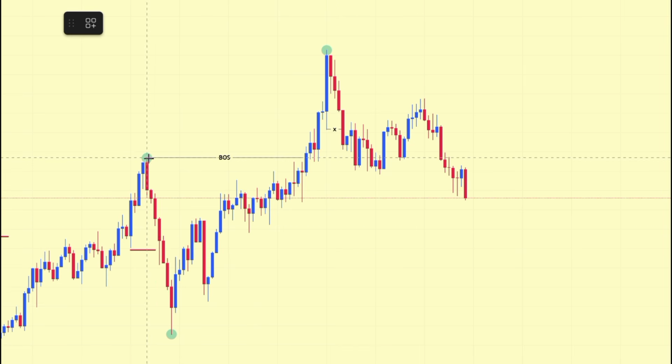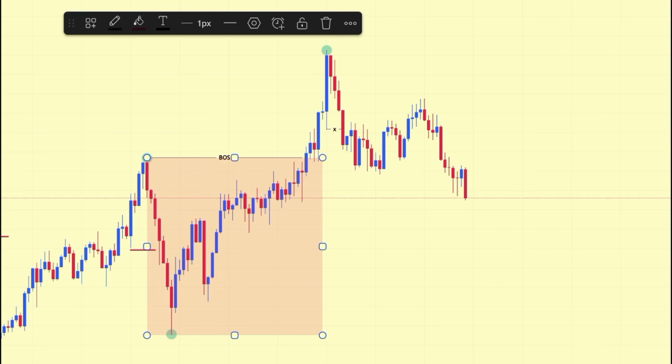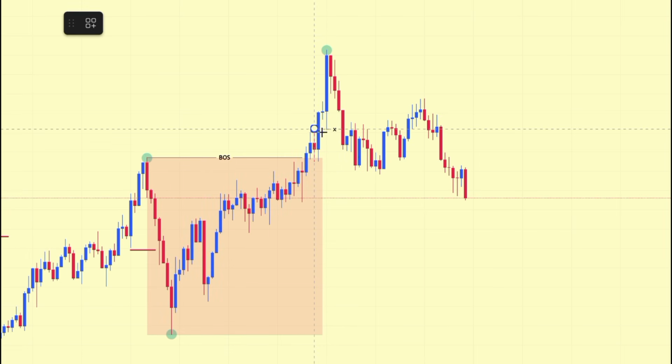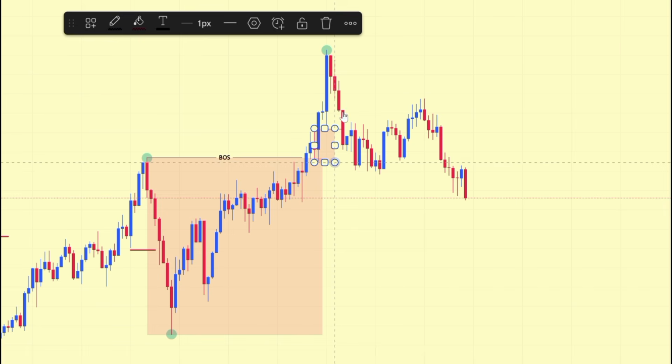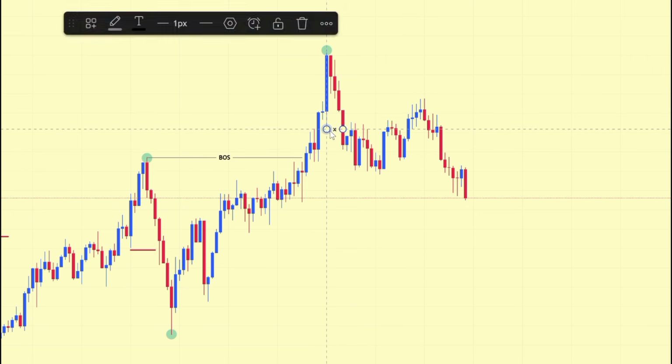You can clearly see that all of this corrective leg was the order flow, and it was mitigated exactly right there. So the next one was this one, and it was mitigated by that pullback that created our inducement. So this means there are no valid order flows in our case here, and in that case, we'll be shifting to the order blocks.